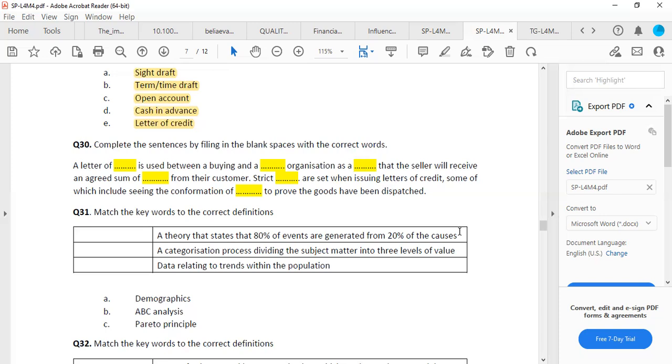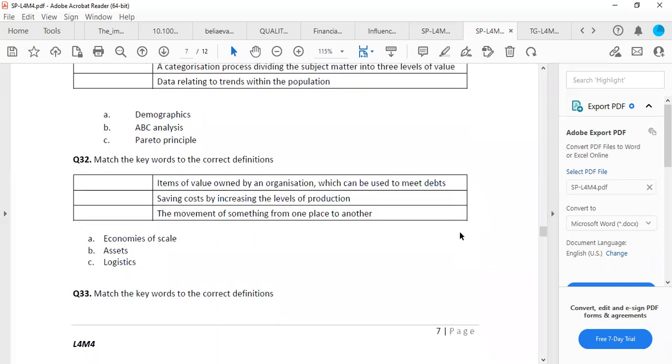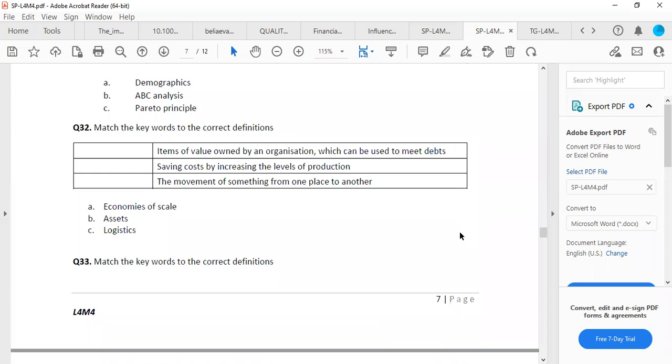ABC analysis. It's also the same Pareto we are talking about, but once you see categorization, it's ABC. Data relating to trends within the population. That one is a bonus question. Demographics.